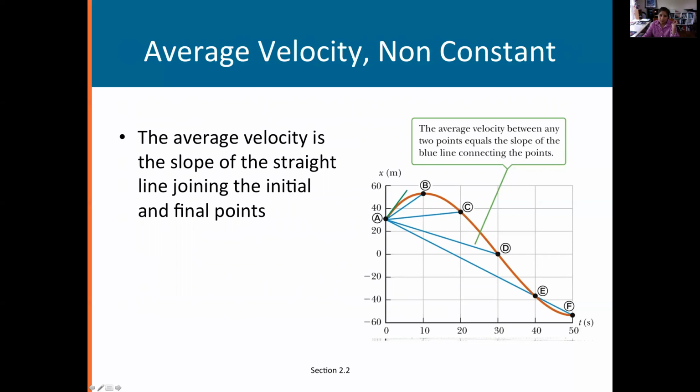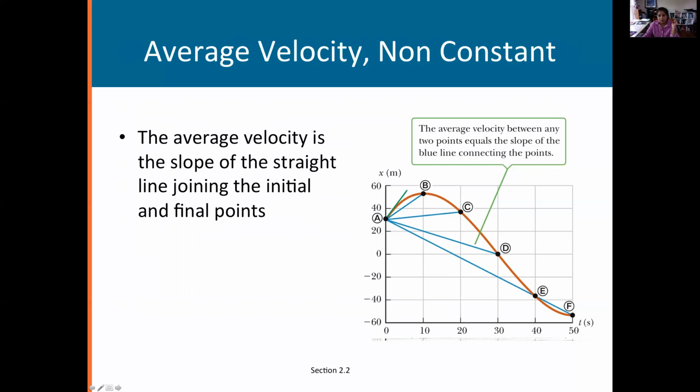However, at a given point, let's say point A, it starts off with a certain velocity. So if I draw a tangent to that curve here, okay, which is this green line, it touches this orange curve at a single point, which is this point A. The slope of that green line tells me the instantaneous velocity, the velocity at that instant, right?